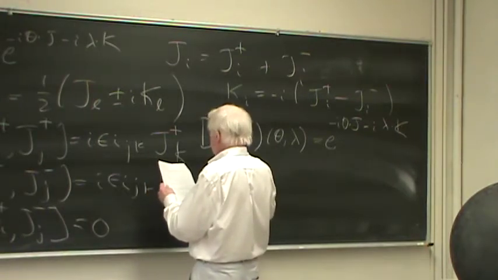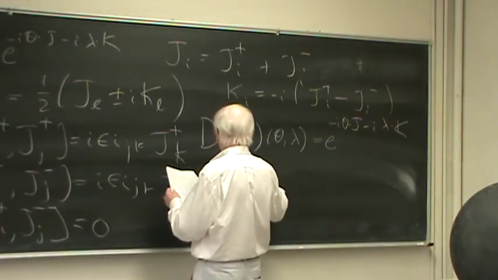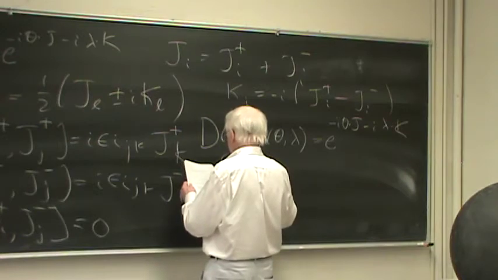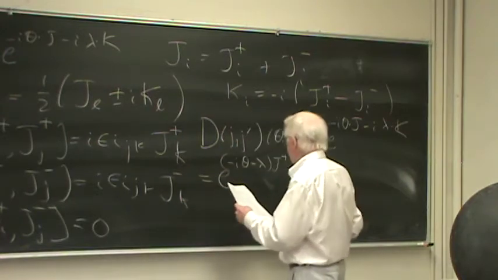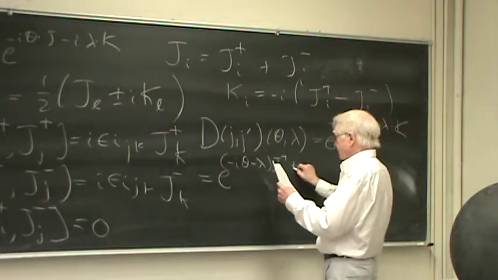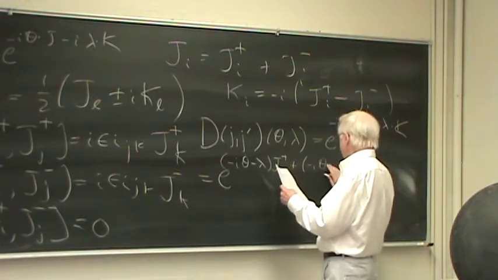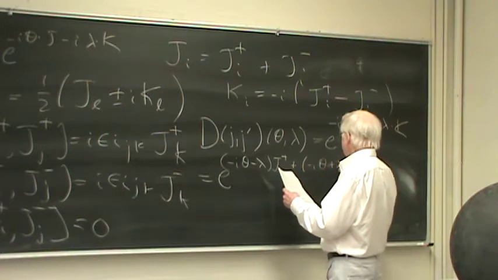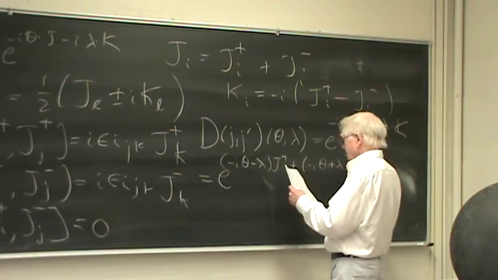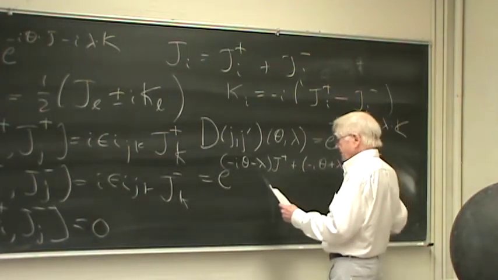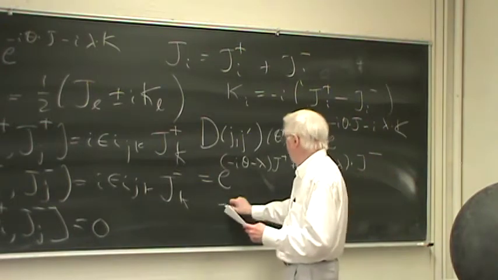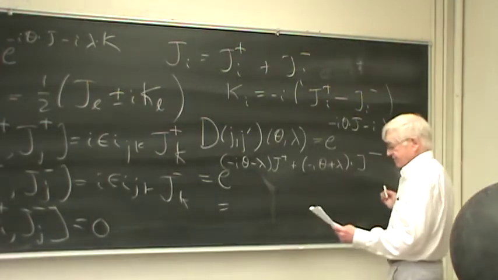So this is e to the minus i (theta minus i lambda) dot J_plus minus i (theta plus i lambda) dot J_minus. And now J_plus and J_minus commute.